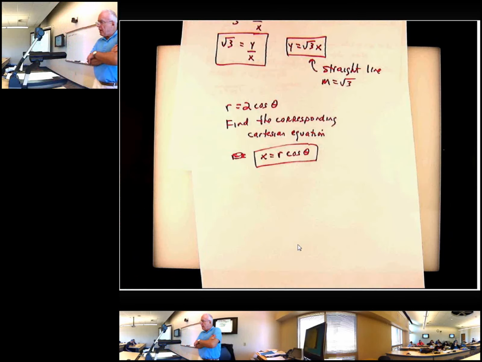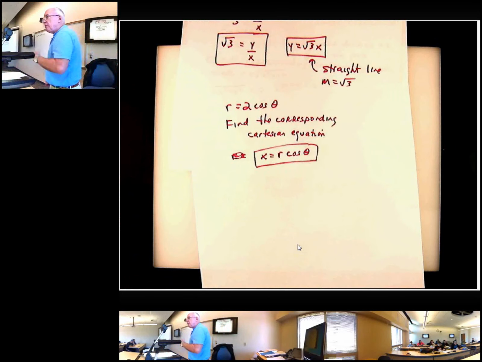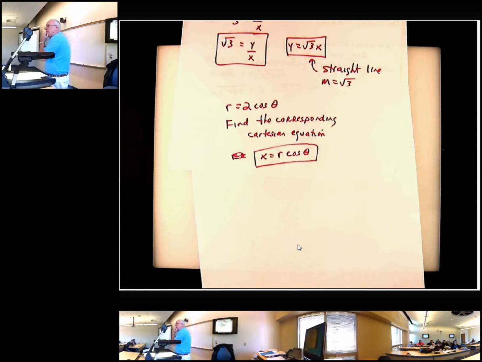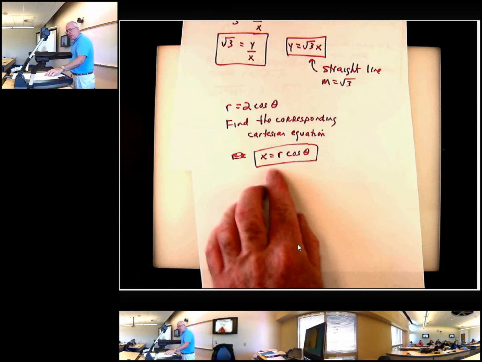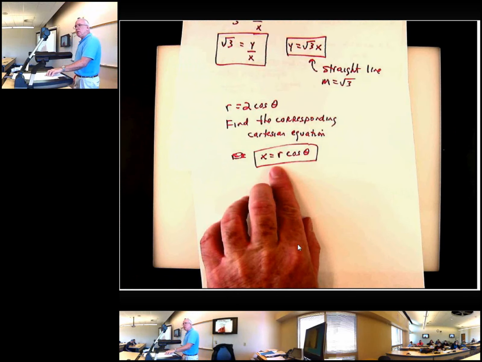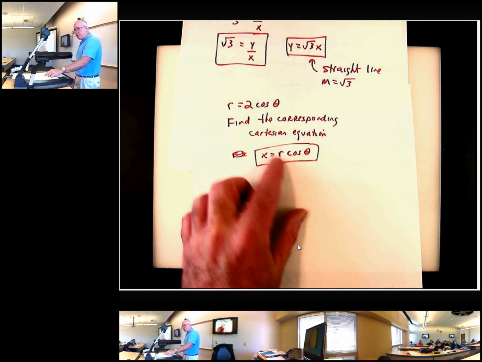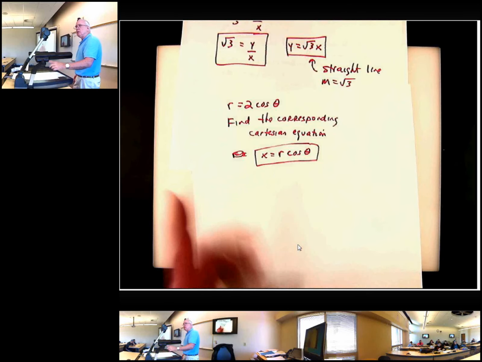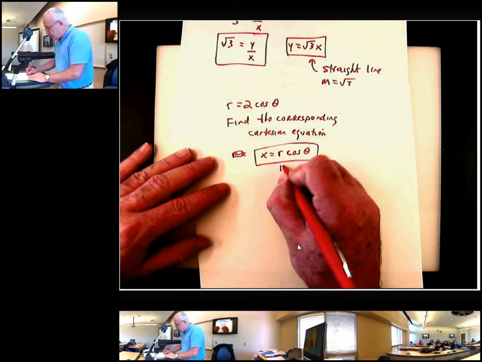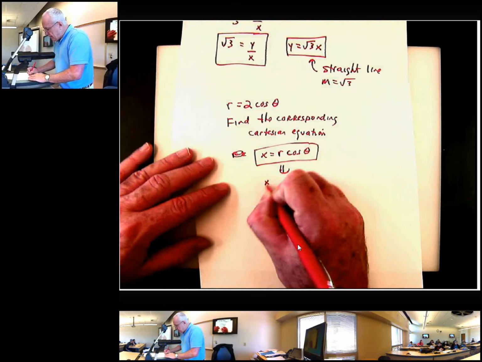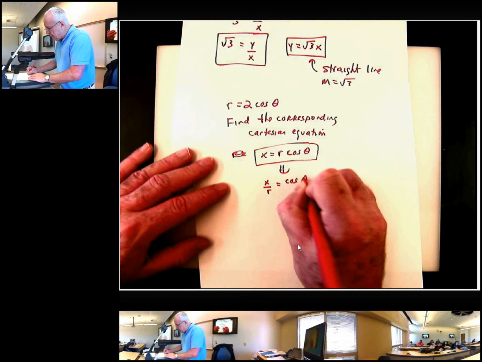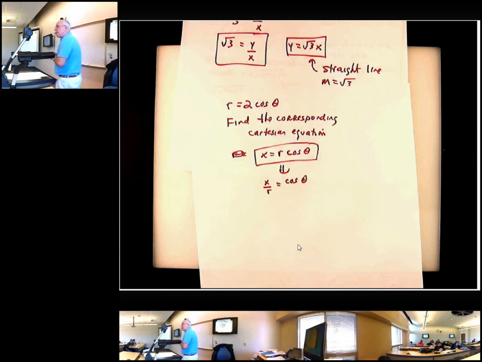Notice what we have up here in our equation: we've got a cosine of theta in there. First of all, let's take this identity between x and r theta and divide both sides by r. So that gives us x over r is the same as the cosine of theta.